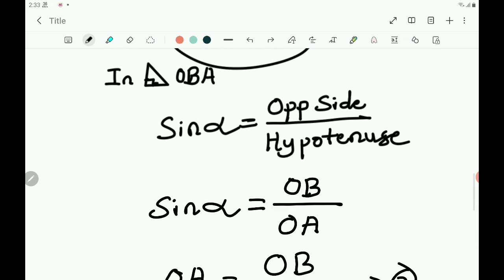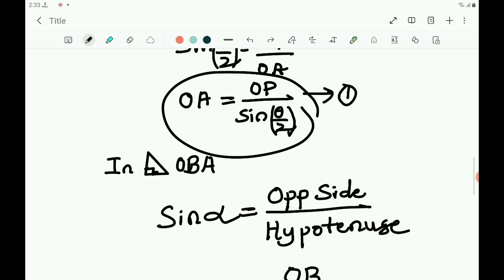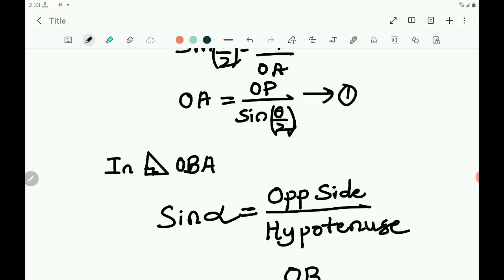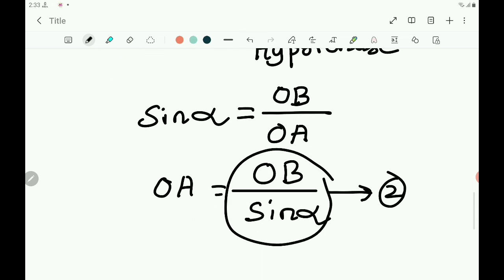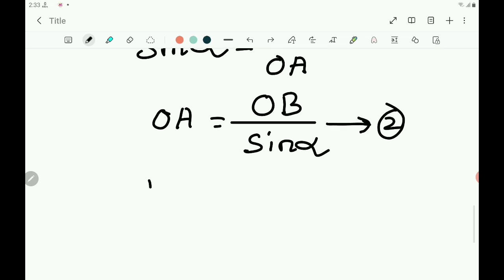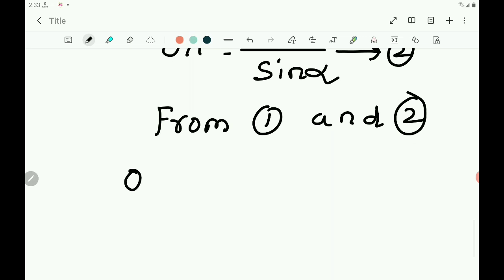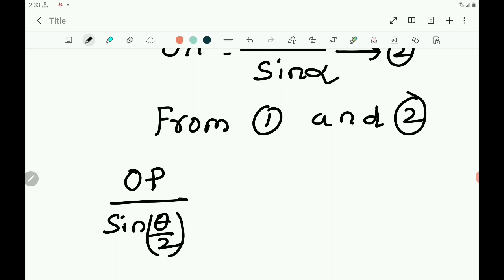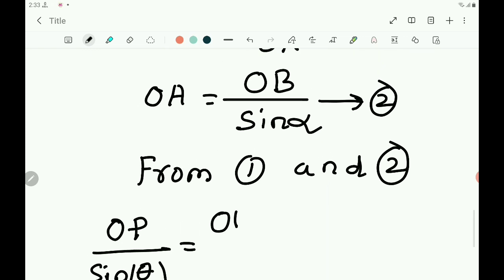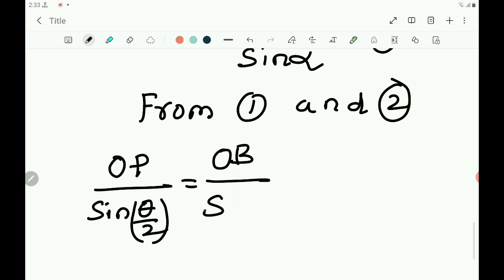Therefore, from first and second, OP by sin theta by 2 equals OB by sin alpha.